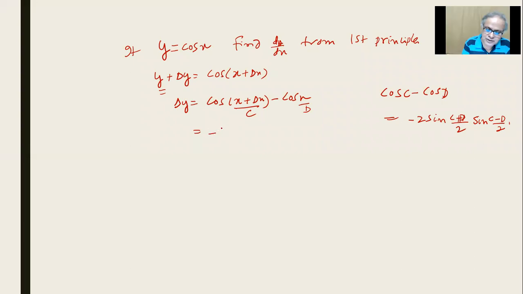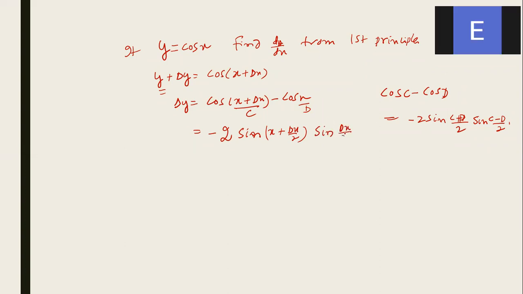Then minus 2 sine of x plus delta x plus x by 2, that is 2x plus delta x by 2, times sine of c minus d by 2, x plus delta x minus x, by 2. Is it okay?